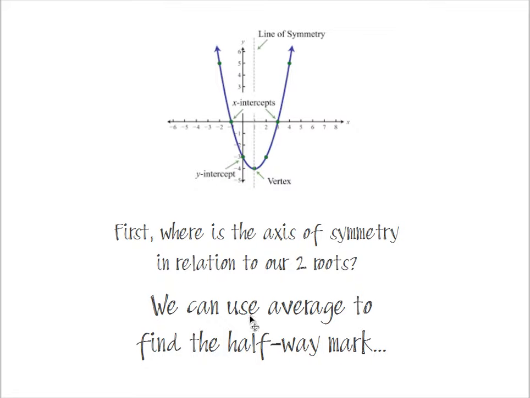We simply use average. So I can take my two x-intercepts, -1 and +3, and find their average to locate my axis of symmetry. So I'm going to add my two x-intercepts together and then divide that value by 2. And my line of symmetry or axis of symmetry is at x equals 1.